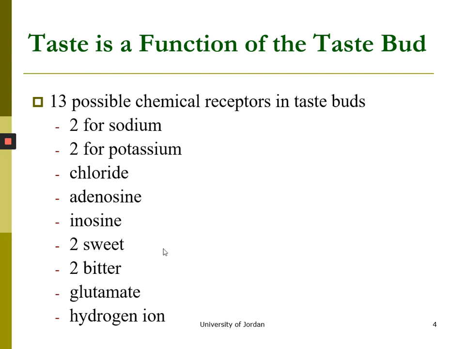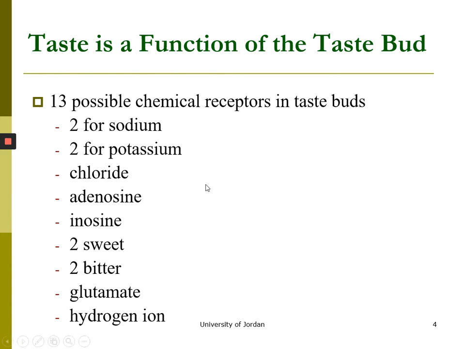There are too many chemical receptors. Usually we have 5 primary taste sensations. Like when we talked about light, we said we have 3 primary colors. Here we have 5 primary taste sensations.